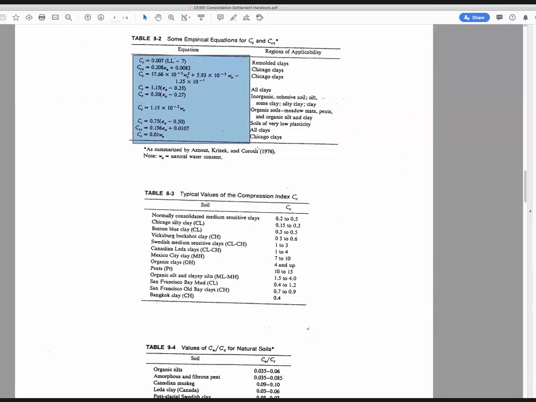And you're trying to say that, hey, I know my liquid limit, so therefore I can estimate my C sub C. Simply basing a C sub C on a liquid limit, you're not going to be getting a real high quality value. And these are typically only relevant for certain soils.